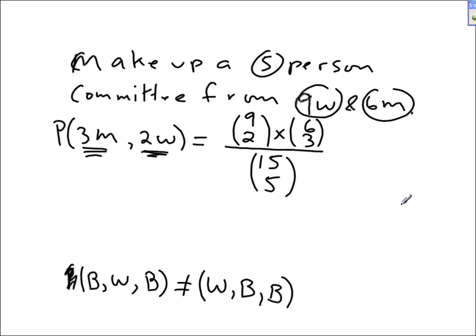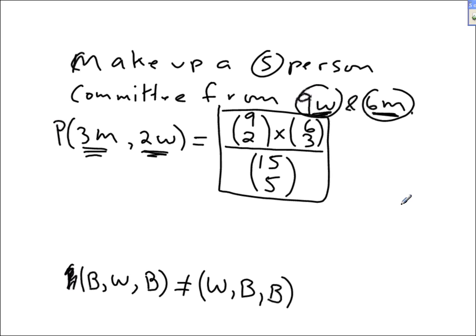If I'm not mistaken, it's just a name, so it really doesn't matter. But this form that I wrote it in is called hypergeometric. From the 9 women, we chose 2 of them. And then from the 6 men, we chose 3. And this is the number of favorable outcomes.